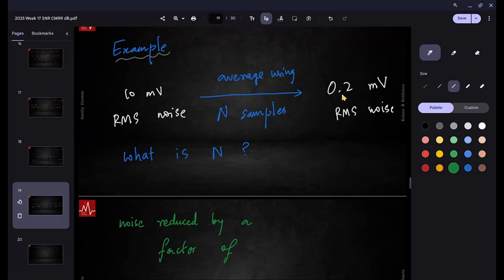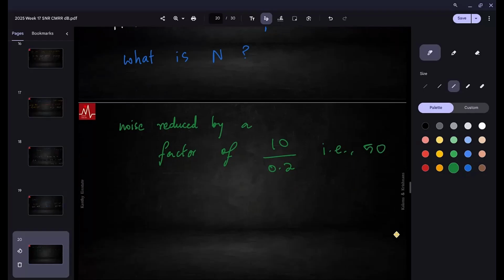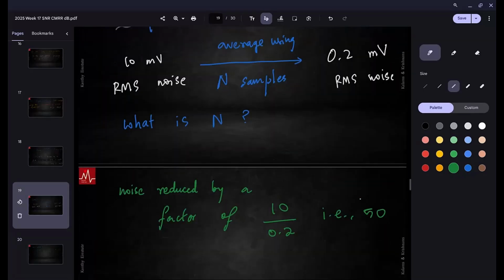It reduced by a factor of 50. Noise is reduced by a factor of 50.